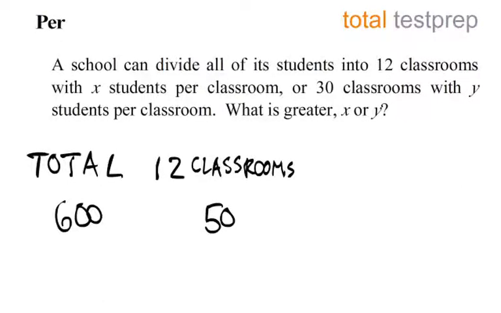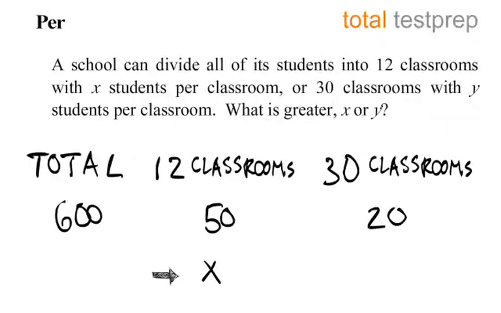So if we divide those 600 students into 12 classrooms, we get 50 students per classroom. There's a lot of students per classroom, but that's what X is equal to in this case, because we're told that if we divide the students into 12 classrooms, we get X students per classroom.